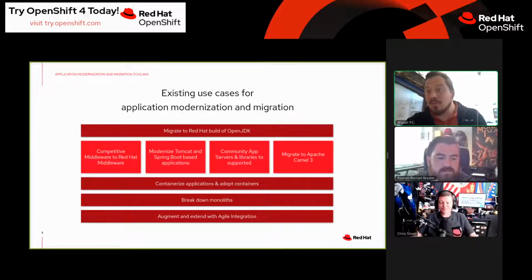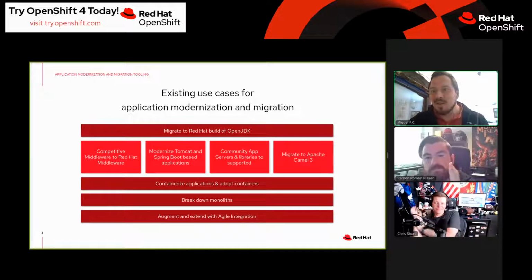If you want to move them to JBoss Enterprise Application Platform, which is our JEE compliant application server, we are there to help. Customers are using Tomcat, but they want to be supported. Customers using Spring Boot, customers using community libraries that are not supported, and they're finding themselves in weird situations: how do I keep this running?